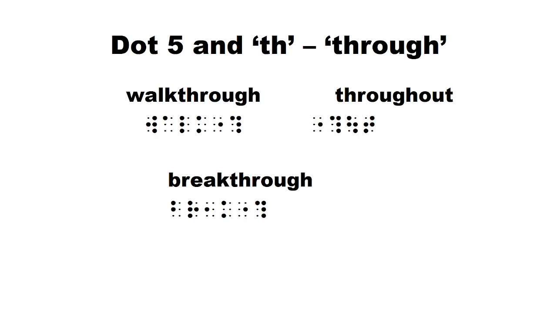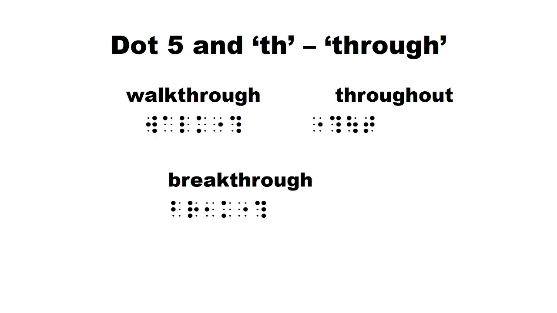So let's have some examples. We have walk through. We write the letters for walk, WALK, and the contraction for through. That would be dot 5 and the contraction for TH. Second example, we have throughout.